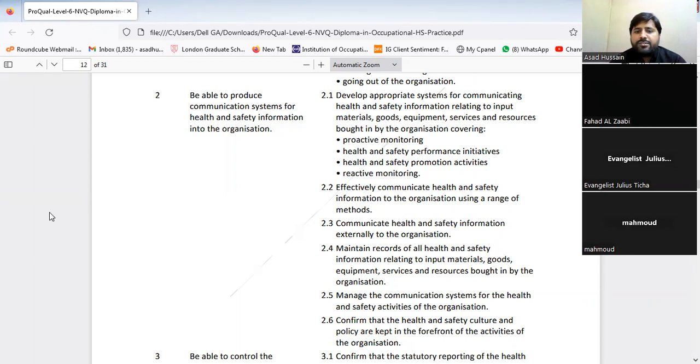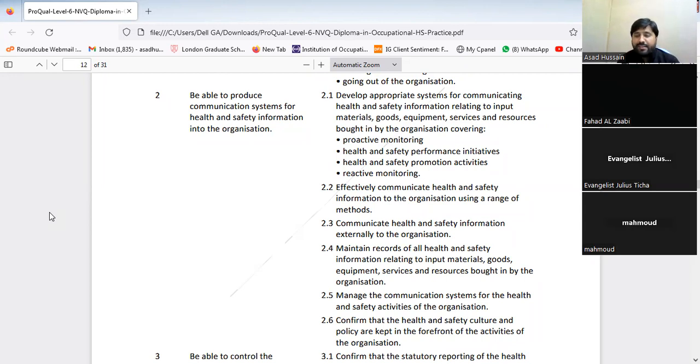Now, first you are managing the things, or you have a documented system for goods, materials, equipment, and services. Now it is asking what type of system do you have for different activities, like storage and management of information regarding health and safety activities within the organization? What type of systems are there?